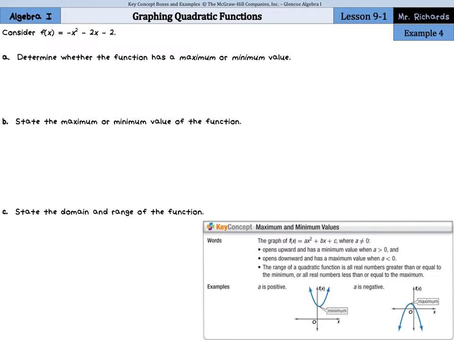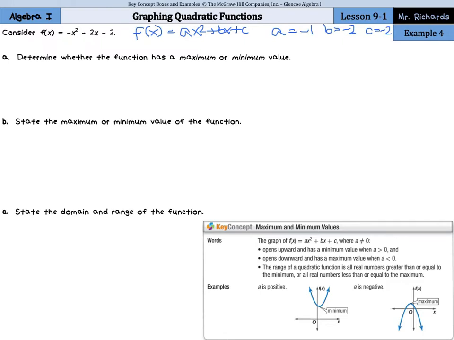So now we'll consider in example 4, f of x equals negative x squared minus 2x minus 2. Well, if we remember that the standard form of a quadratic function is f of x equals ax squared plus bx plus c, we can define our a as negative 1, our b as negative 2, and also our c as negative 2 here.